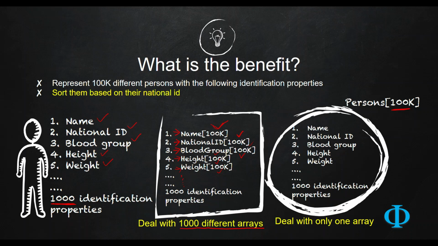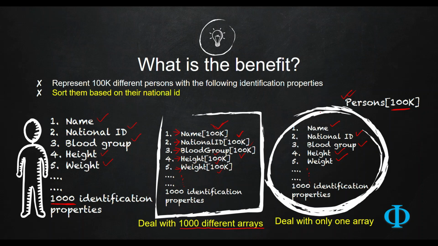Whereas if you follow the object-oriented principle, which is very much similar to the real world, what you need to do is first create an object called person. Each person has their own name, national ID, blood group, height, weight, and all other different 1,000 properties.